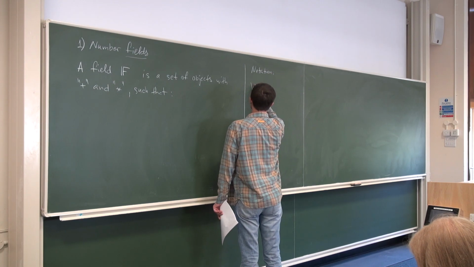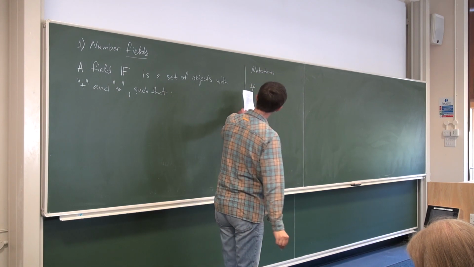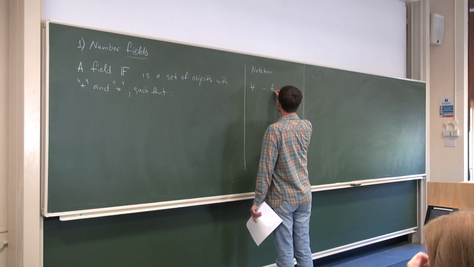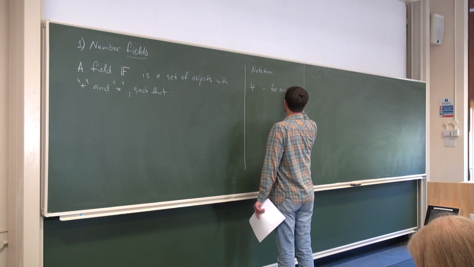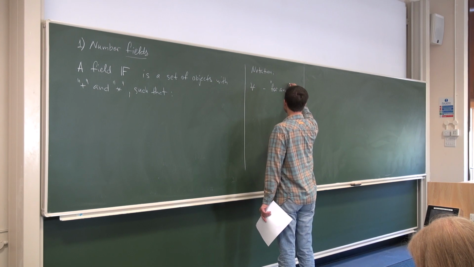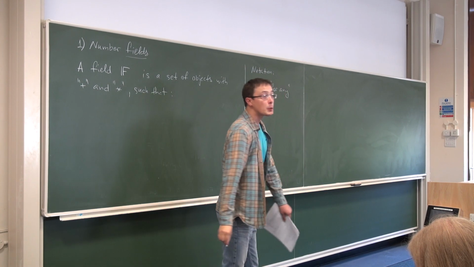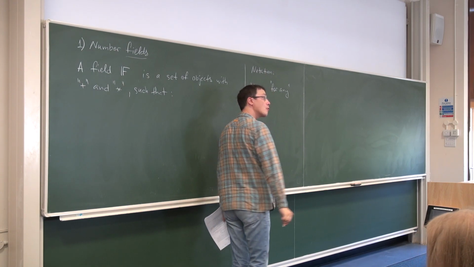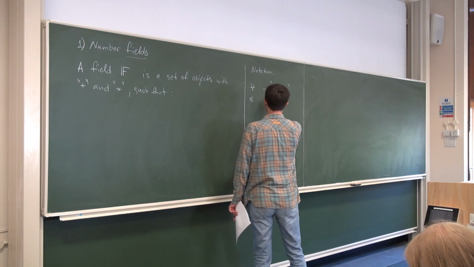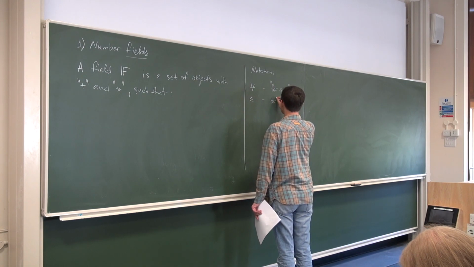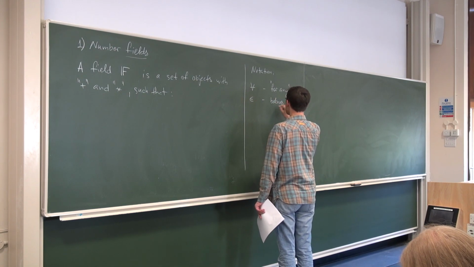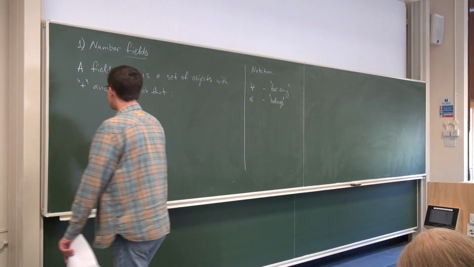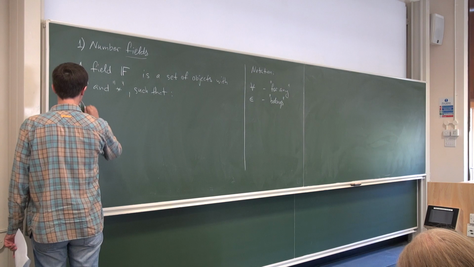First symbol that mathematicians often use is this inverted A. That means for any. The other symbol that we will now use is something that looks a bit like the Euro symbol. Means belongs. And so, we can start writing the conditions here.